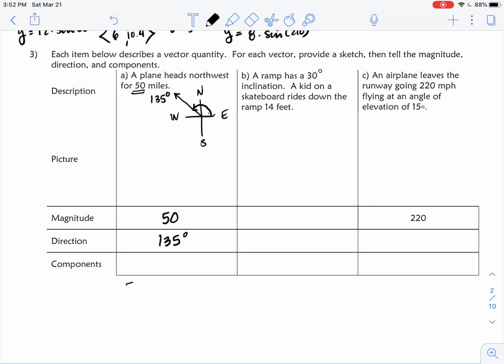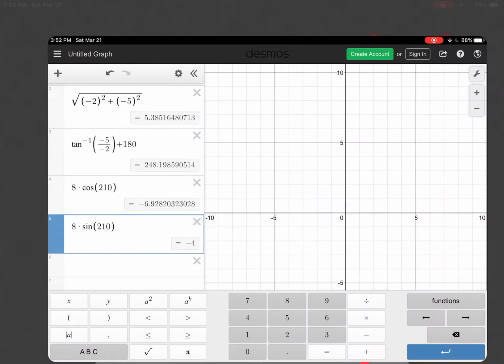So now it's just going to be magnitude times cosine of the angle and magnitude times sine of the angle. This is going to be your x component and this is your y component. We'll have to visit Desmos again. 50 cosine 135 and 50 sine 135.